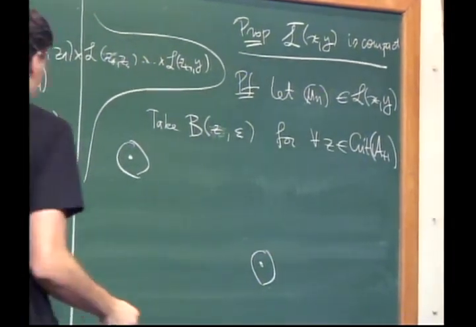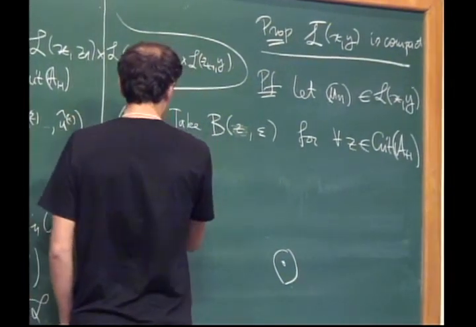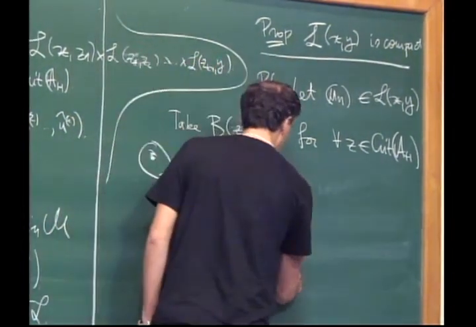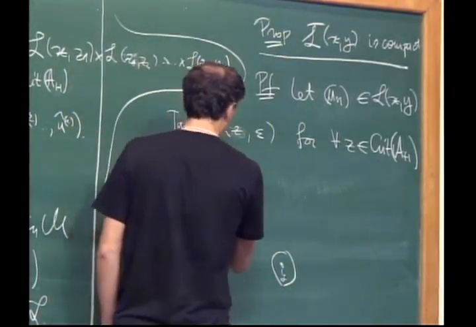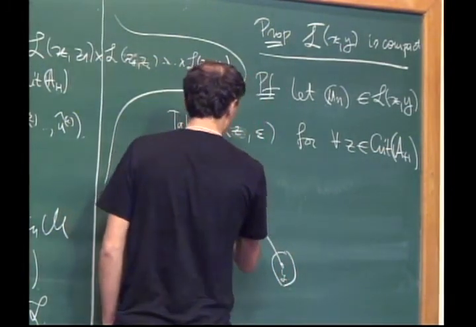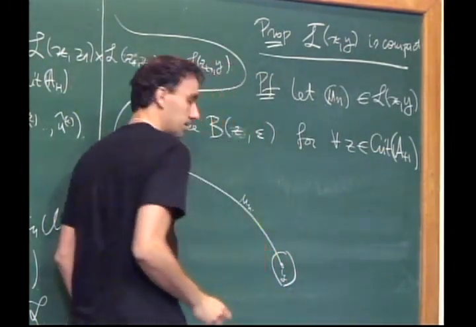So we have, from X to Y, this sequence of trajectories UN.